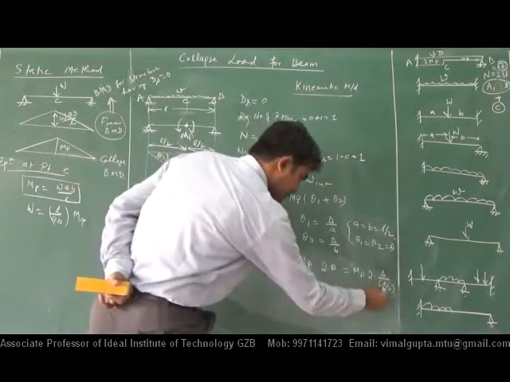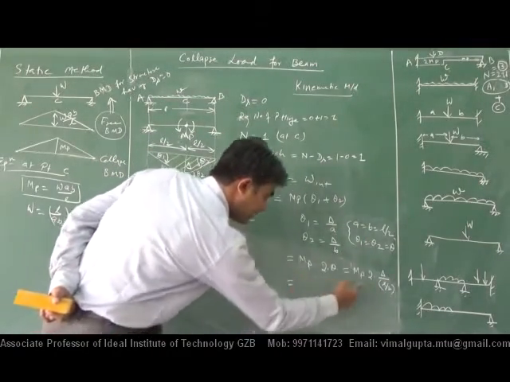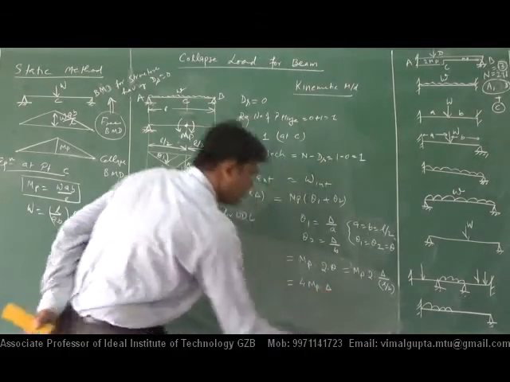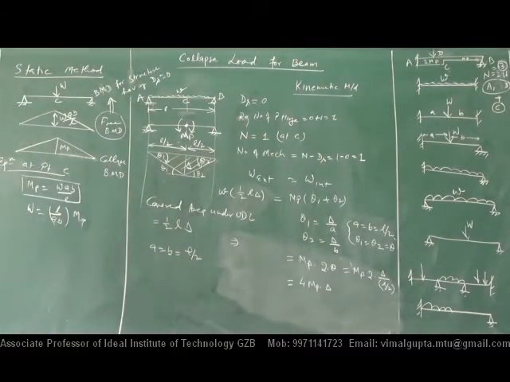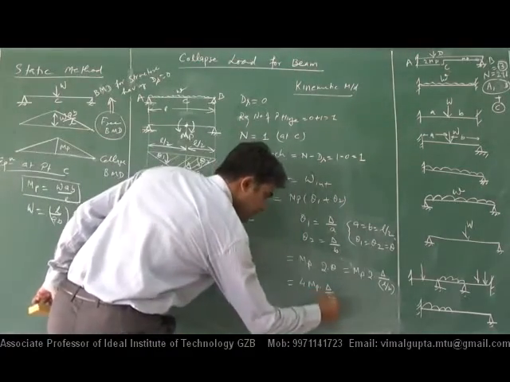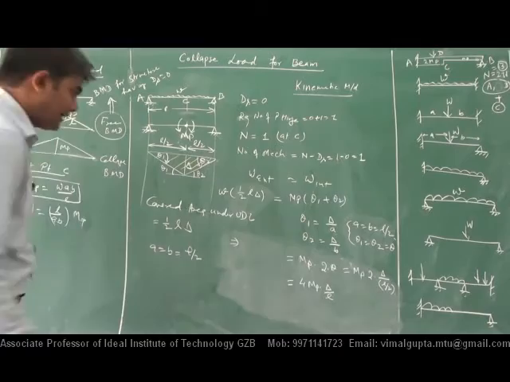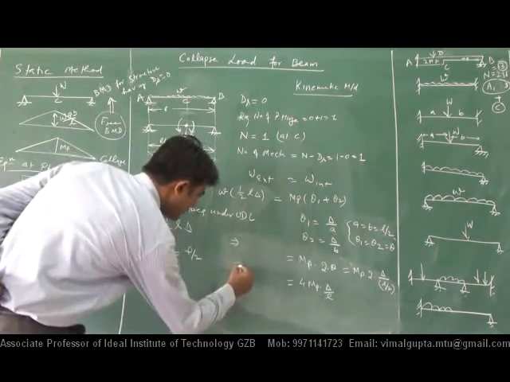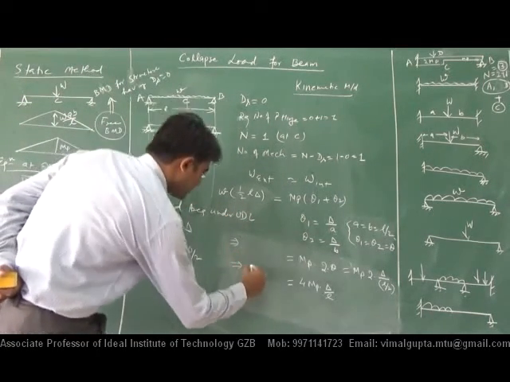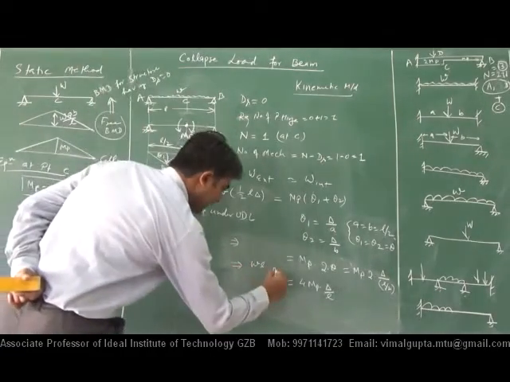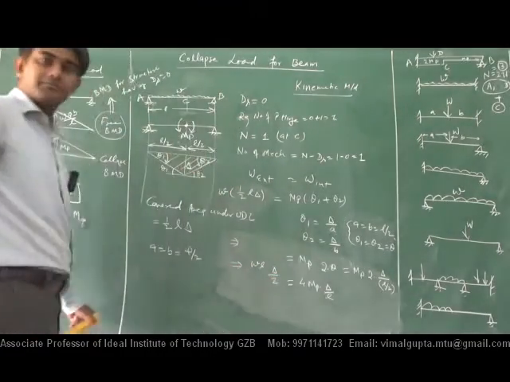So it will be 4 times MP into delta by L. Is it correct? And here is small w, L into delta by 2.